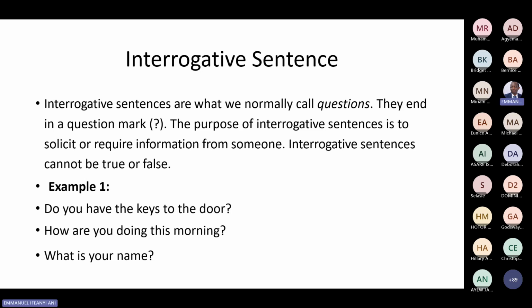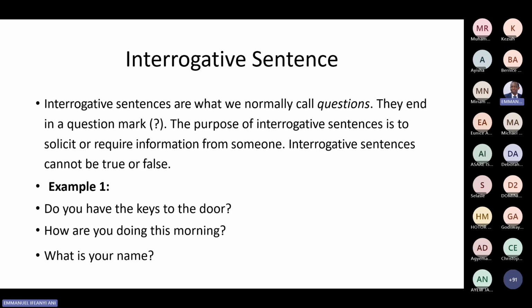Interrogative sentences or questions cannot be true or false. A question cannot be true or false.